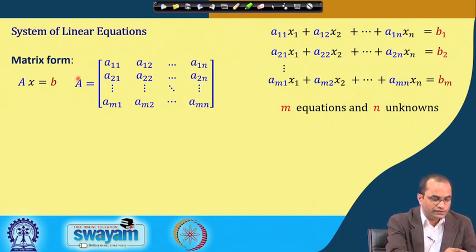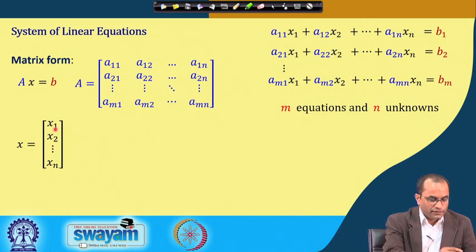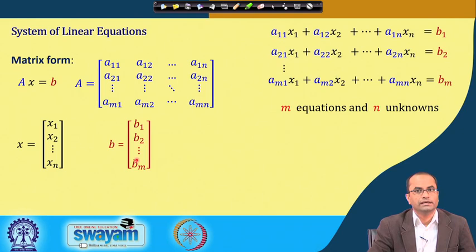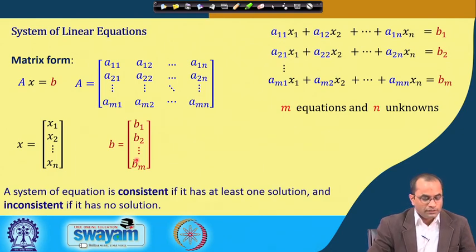So, this is the coefficient matrix, and then we have the vector of unknowns, x1, x2, x3, xn, and the right hand side vector b, whose components are b1, b2, b3 and bm.